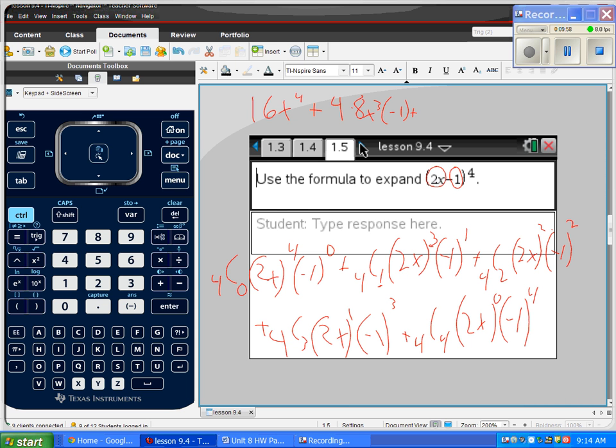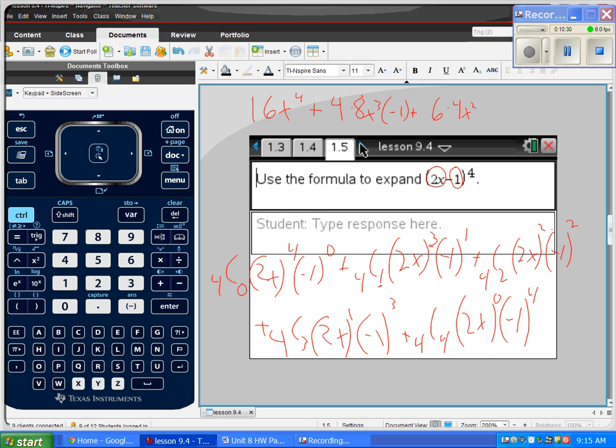4c2. 6, 2x squared. Negative 1 squared. Come on, guys. Negative 1 times negative 1 is a positive 1.